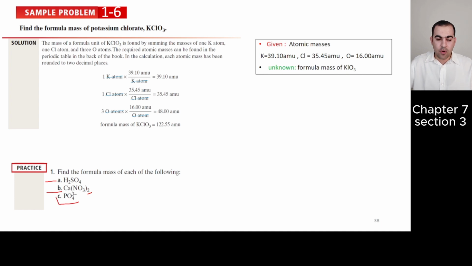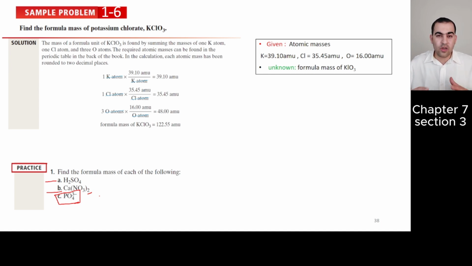Here we have a polyatomic ion. We can find the formula mass of polyatomic ions, but don't care about the charge. Just imagine we have PO4. Why don't we care about the charge? It means 3 electrons have been gained, but the mass of the electrons does not affect the total mass of the PO4 polyatomic ion.